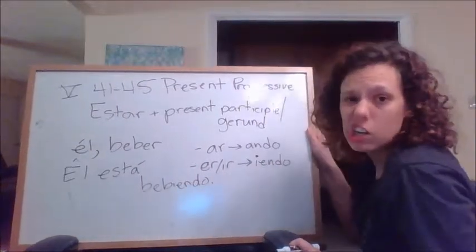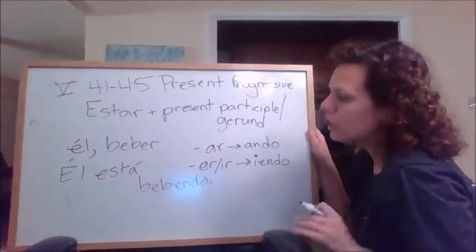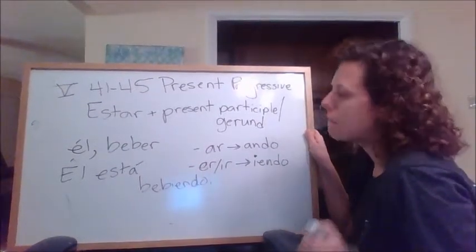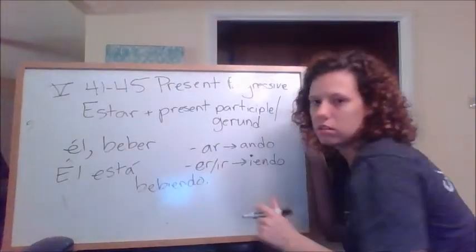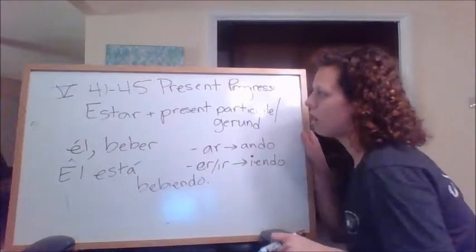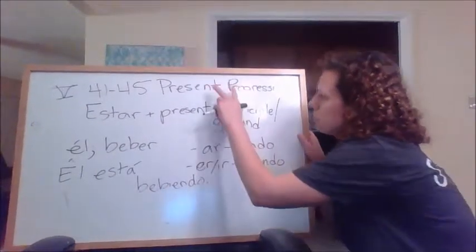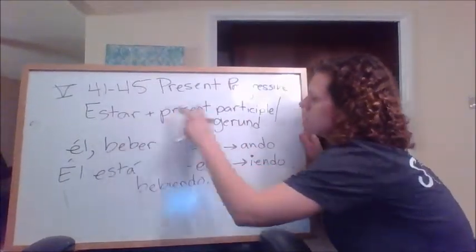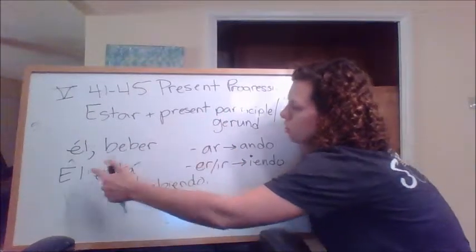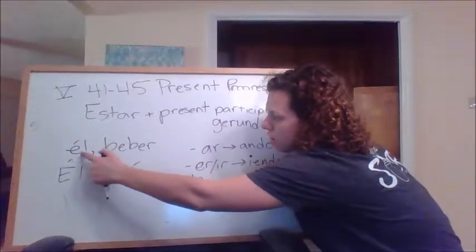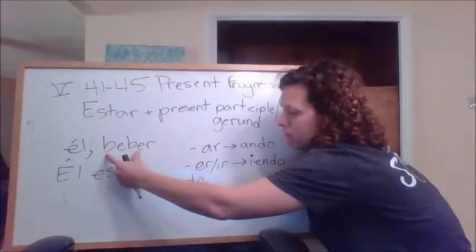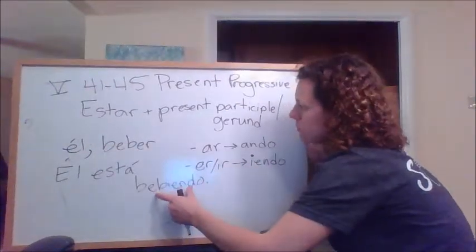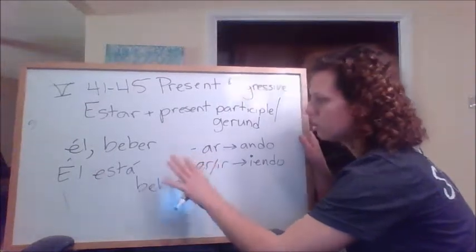That's it. That's all I got to do. The trick is going to be remembering what these parts mean and remembering that you have to use estar. The present progressive is estar plus the present participle. You're conjugating estar based on the subject. You're making the verb into the present participle. That's going to be the hardest part.